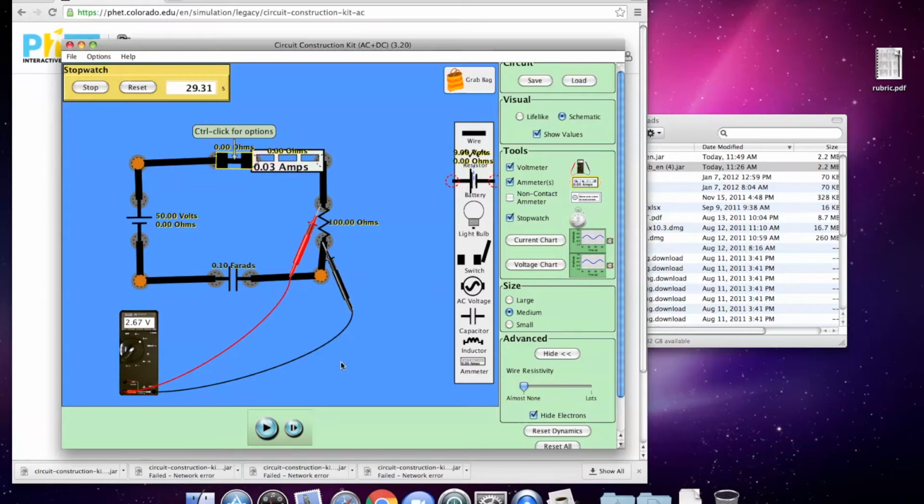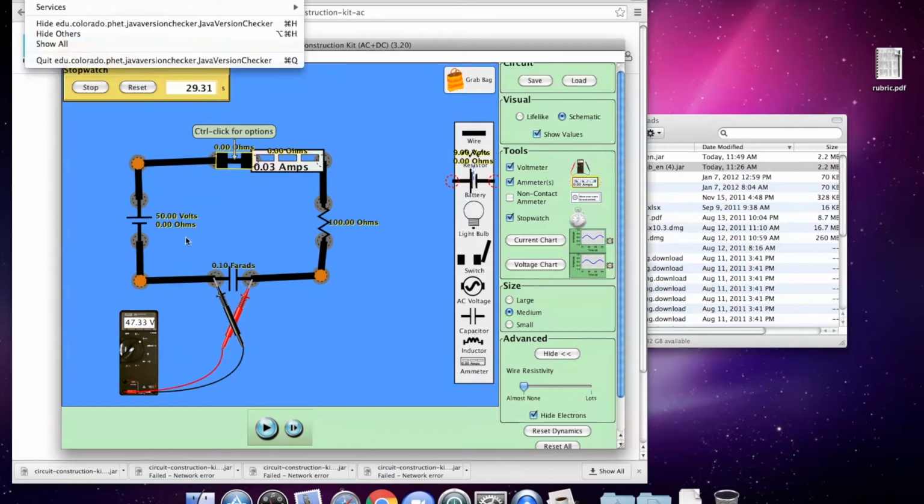I'm getting a V across the resistor of 2.67 volts, and I'm getting a V across the capacitor of, I think you can predict what that should be, the remainder of the voltage in the circuit. That is 47.33 volts.